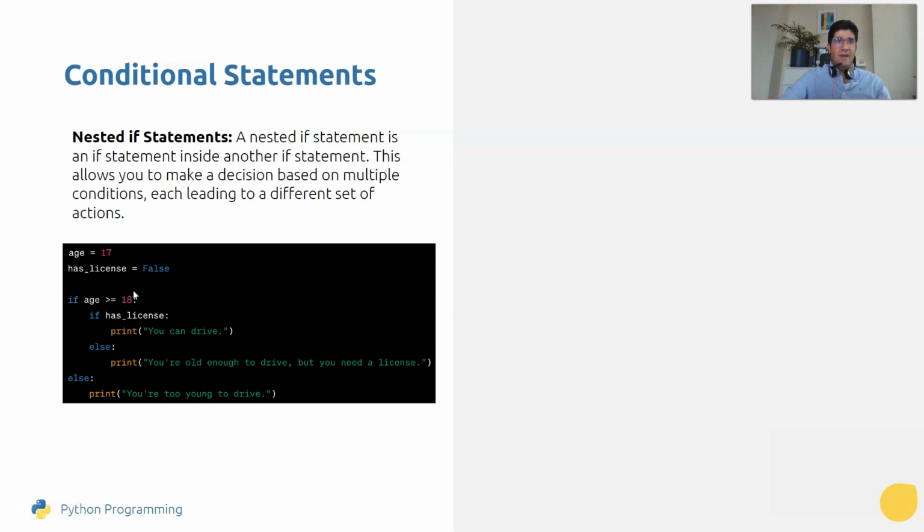And if the age is not greater than or equal to 18, then we can say "you are too young to drive". So in fact, this is an if statement inside another if statement, and we call this structure nested if statements.